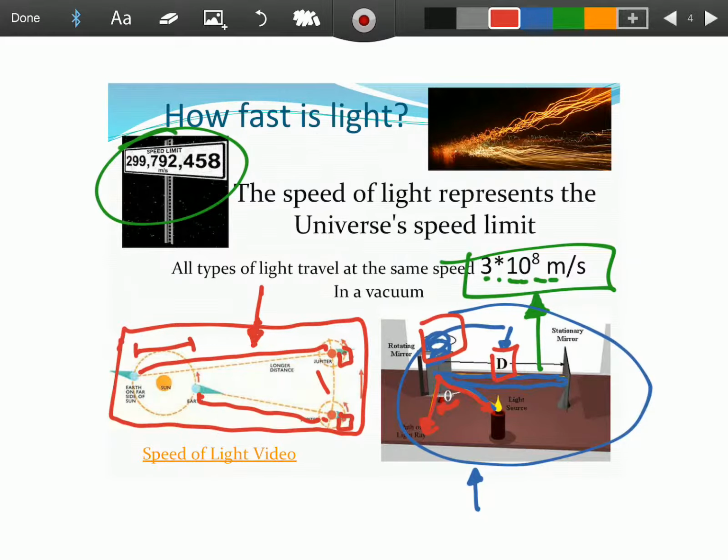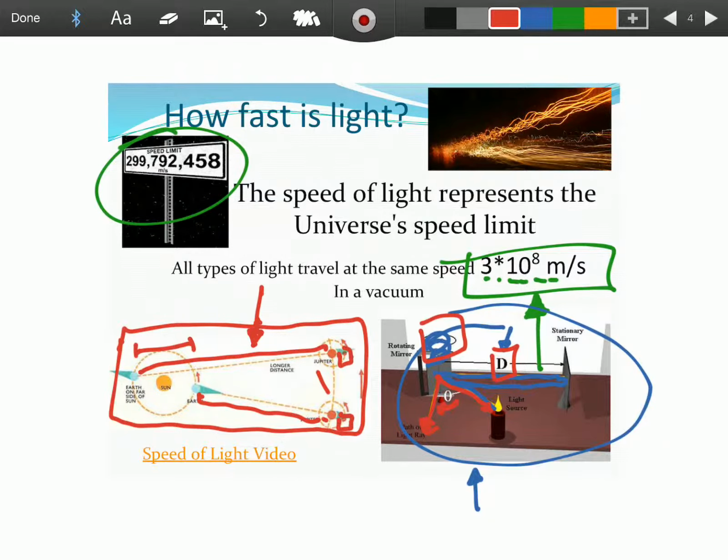And actually, I believe that Galileo, I can't remember who it was, somebody tried to use lanterns. They would have a person with a lantern on top of one hill and a person with a lantern on top of another hill, and the first person would unhood his lantern, and then the second person, as soon as he saw that, would unhood their lantern, and they were trying to use the time delay between the unhoodings of the lantern to calculate the speed of light.